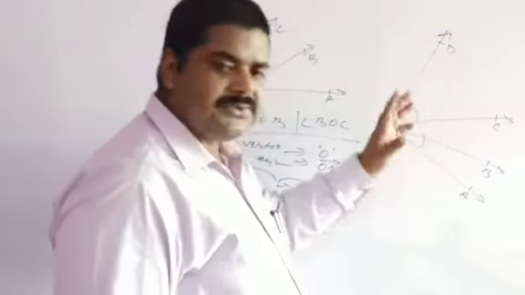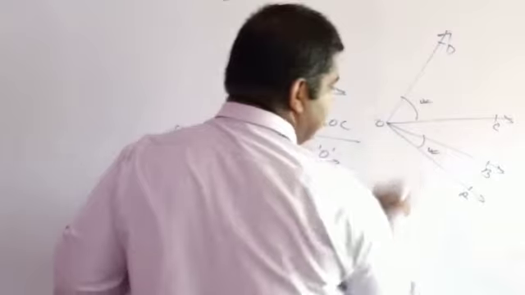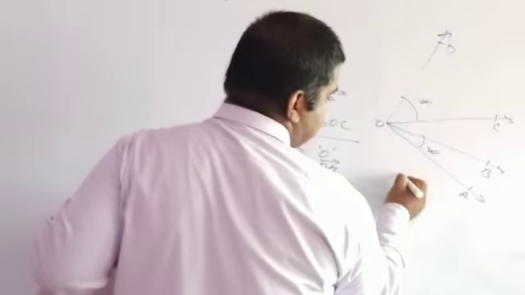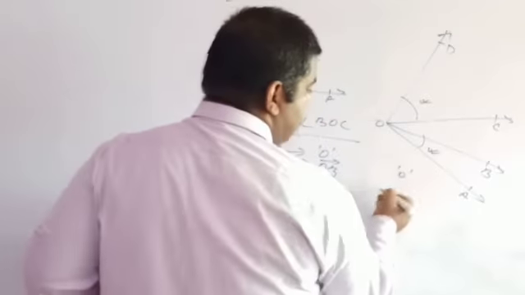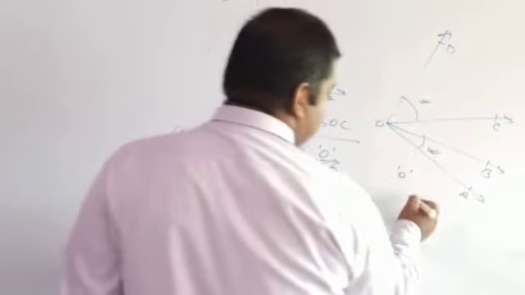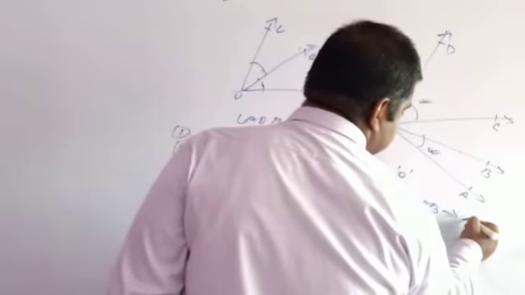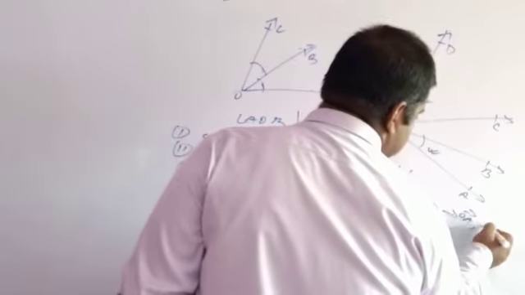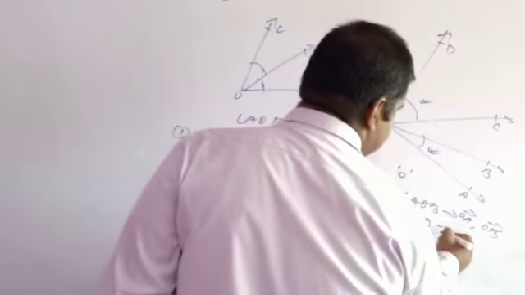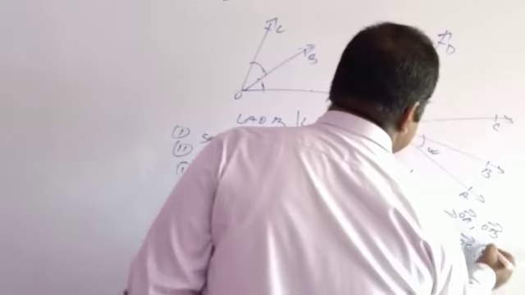In the second figure, both angles have a common vertex O, but they do not have a common arm. Angle AOB has arms OA and OB, and angle COD has arms OC and OD.